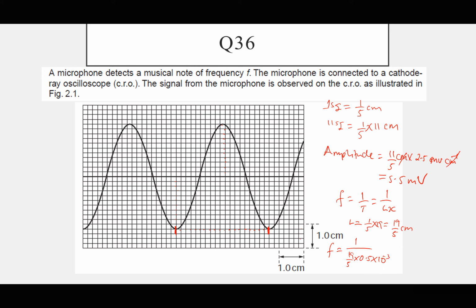The centimeters cancel, so I press the calculator. 19 divided by 5 times 0.5 exponent minus 3.